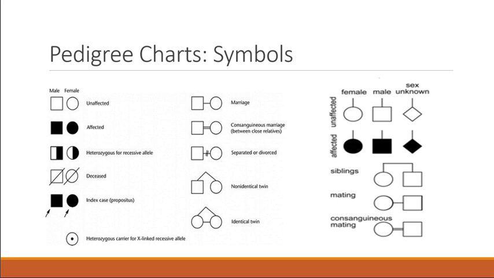Now, how we start drawing the symbols. The first person that we refer to, the affected individual who brings the family to the attention of any geneticist or any medical professional, he or she is called a proband, and this is how you represent them. The index, or in genealogies we call them ego.